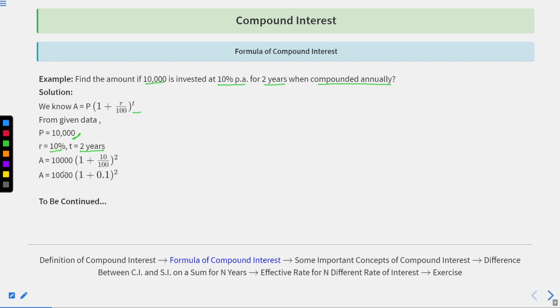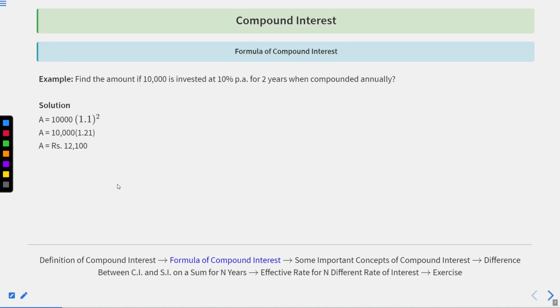So amount will be equal to 10,000 times (1 plus 10 upon 100) whole square. When you simplify this, you will get 10,000 times (1 plus 0.1) whole square. So amount will be 12,100 rupees.